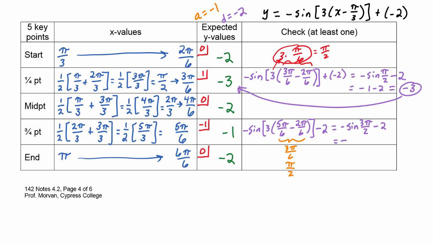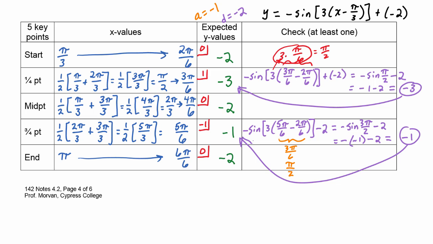We know we've got negative. Now the sine of 3 pi over 2 is negative 1, and then minus 2. Of course, the opposite of negative 1 is positive 1. 1 minus 2 is negative 1. So that one worked out as well.